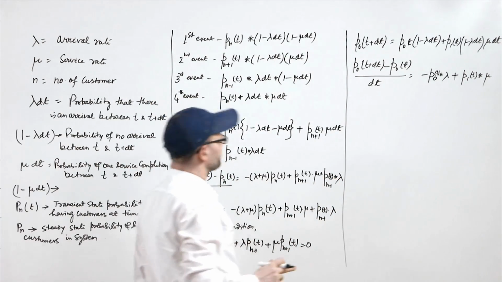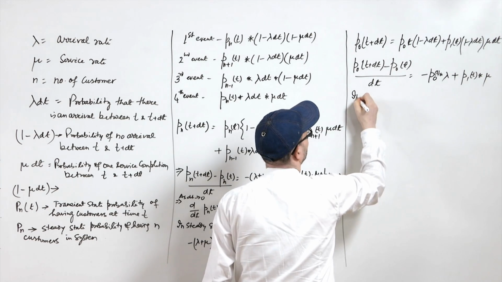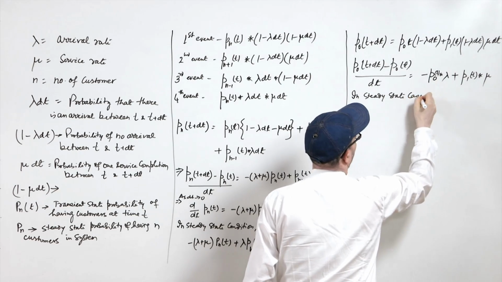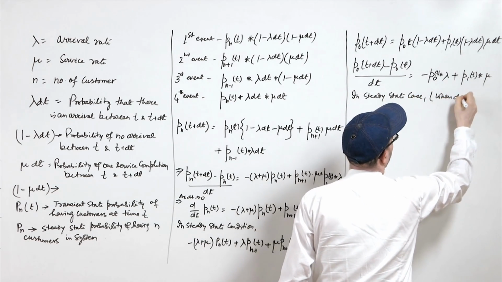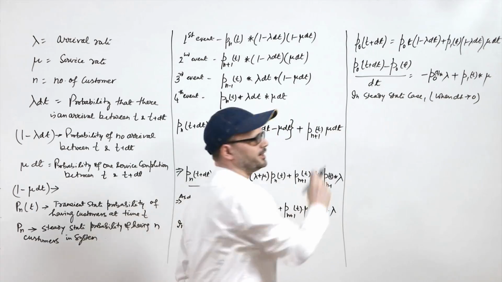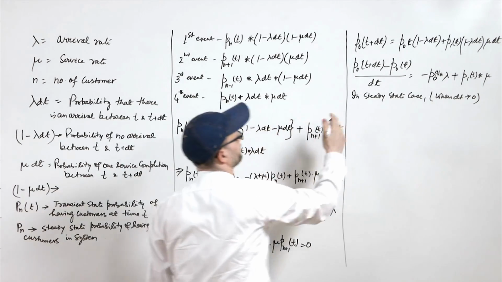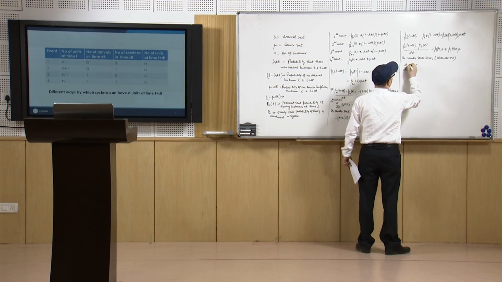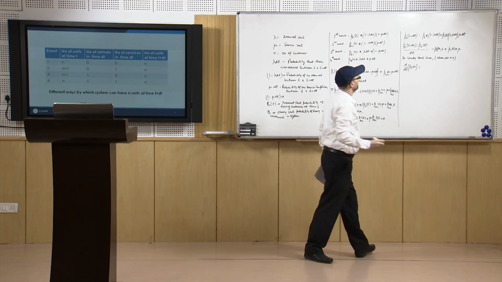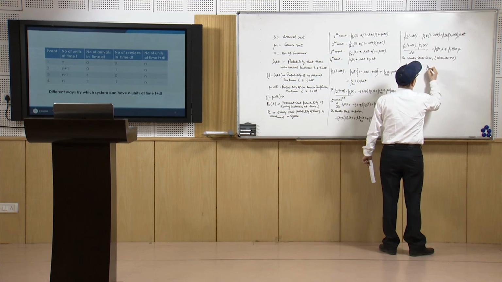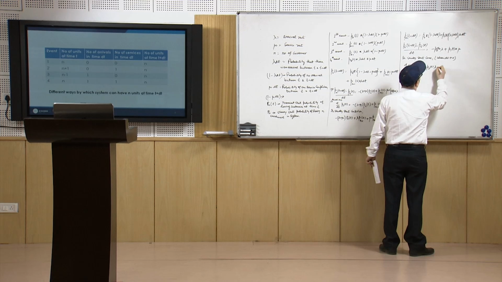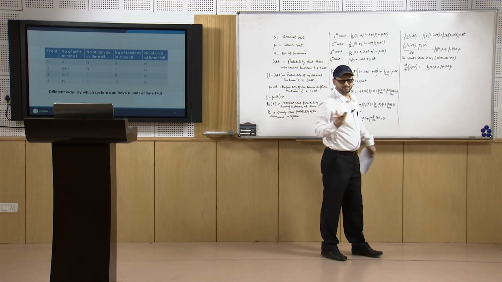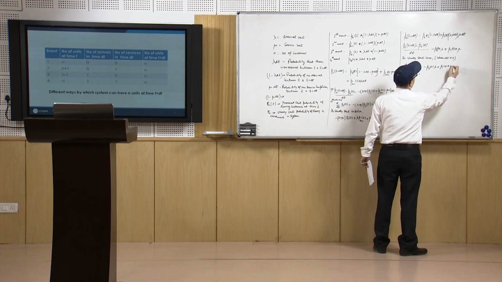So, what we see is, in the steady state case, when dt tends towards 0, this will be the expression for d by dt of P 0 (t). That will be minus P 0 (t) lambda plus P 1 (t) into mu, and in steady state, that is 0.